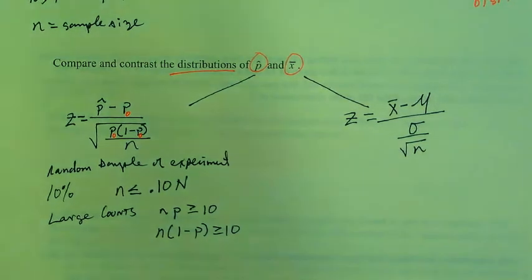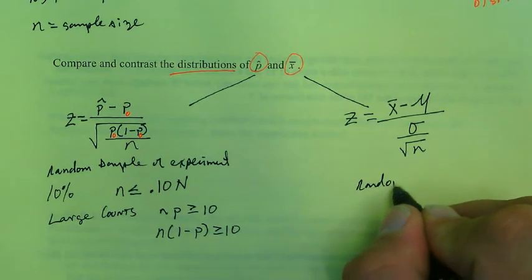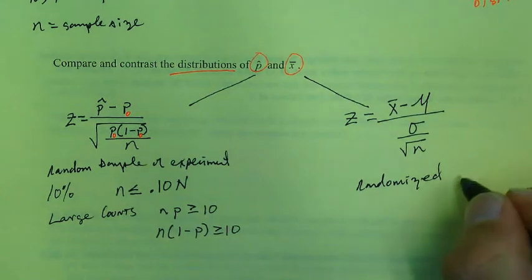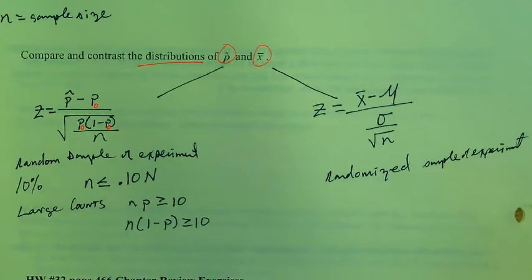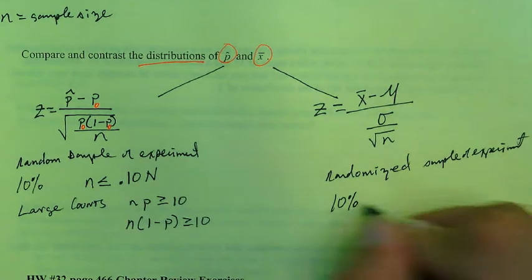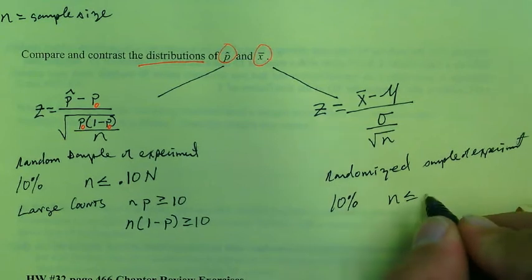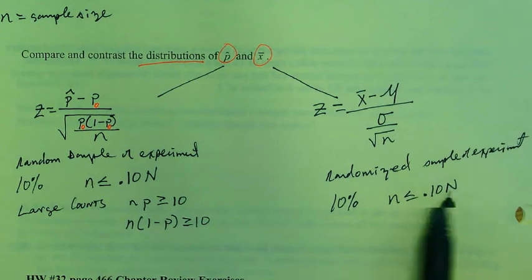Once again for this, we're going to have things come from a randomized sample or experiment, and we're also going to be conditioned on the 10% rule. So n needs to be less than or equal to 0.10 capital N. Sample size needs to be less than 10% of the population.